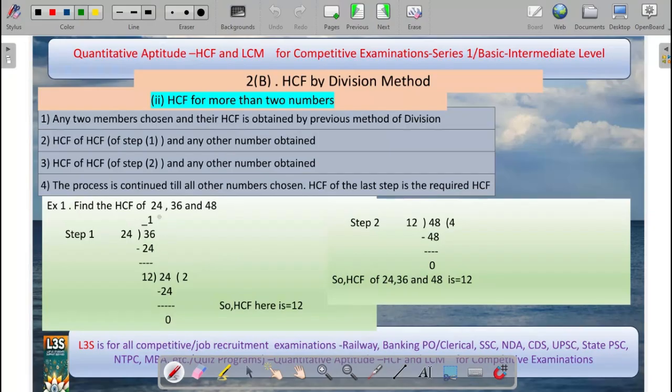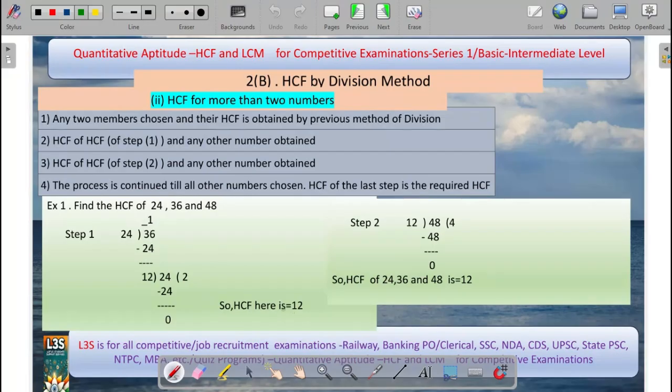So in this case, 24, 36 and 48. First we take two numbers, 24 and 36. Here 24 is the divisor and 36 is the larger number. The HCF between 24 and 36 by the division method is 12.